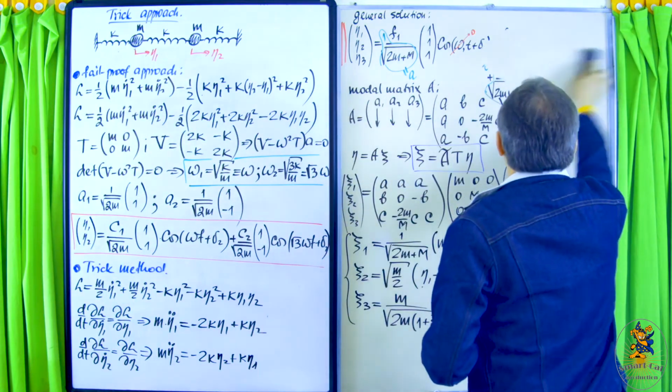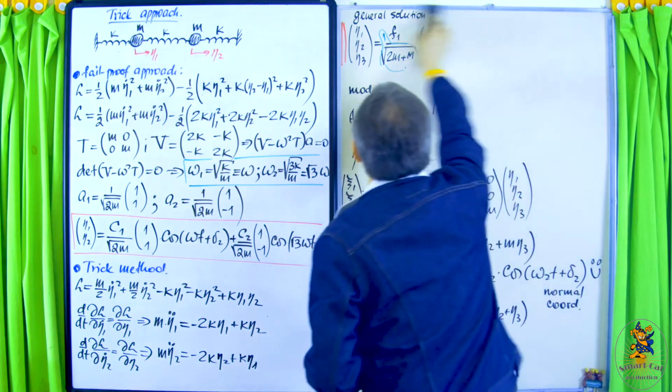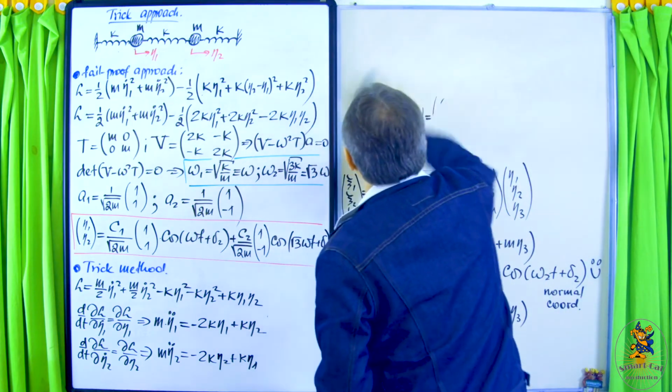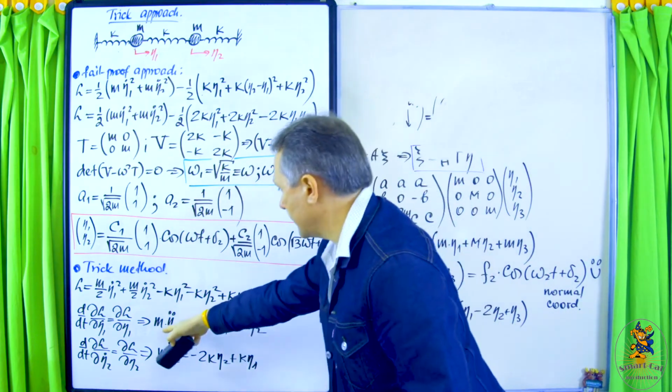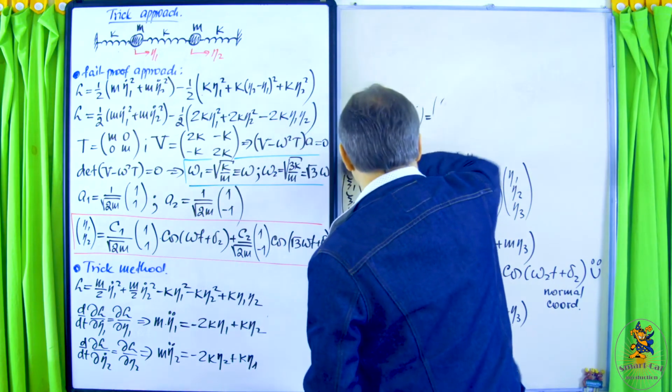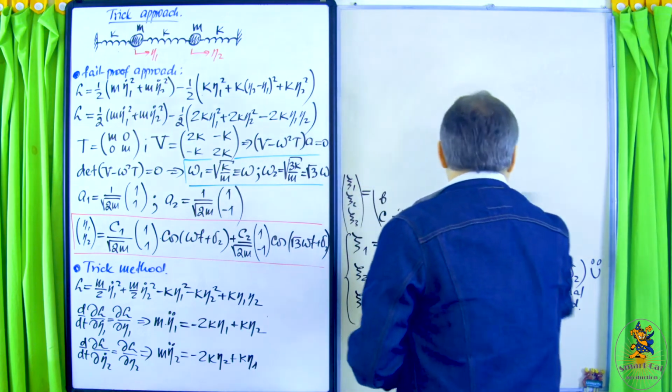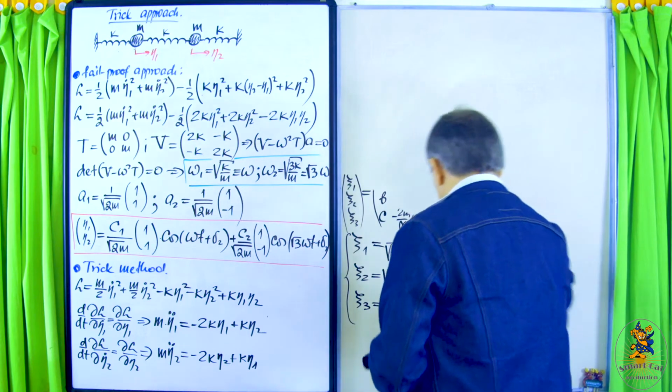Now let me divide everything by m in order to get rid of any factors in front of the second derivatives, to make the differential equations the most convenient.